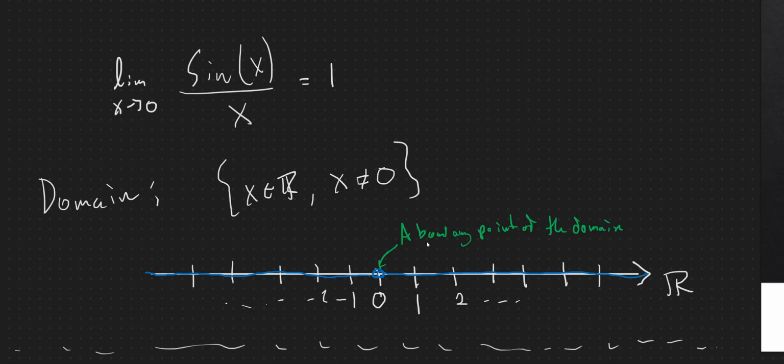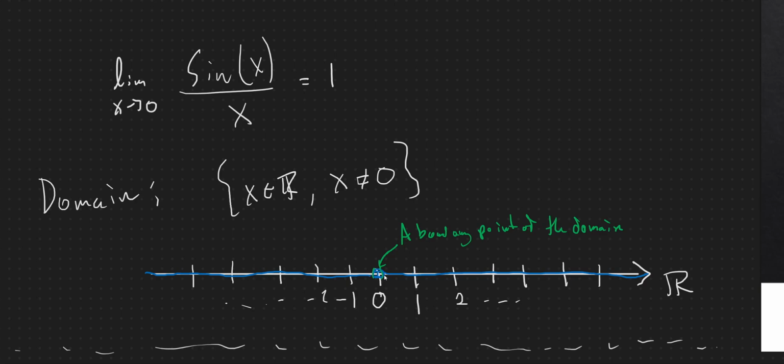So it's a boundary point because any little open interval I draw around 0, no matter how small I get, contains a point in the domain and a point not in the domain, specifically 0, right? Think about any little open interval around 0, no matter how small you make it, it contains 0, which is not in the domain, and it'll contain a point just a little bit bigger than 0, you know, 0.0001, however small you make it.